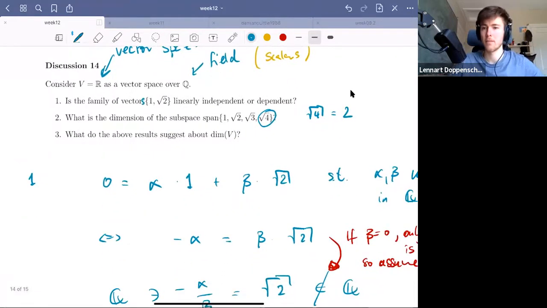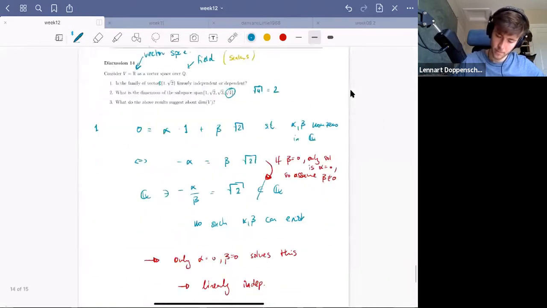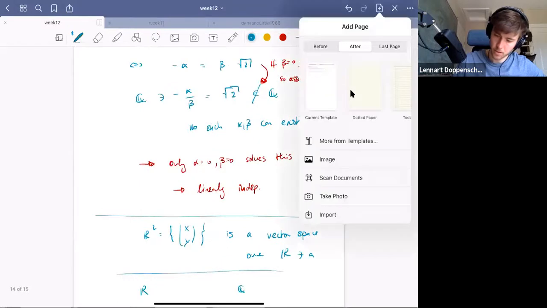Remember that we had a theorem, a proposition that says we can... let me make a new page.